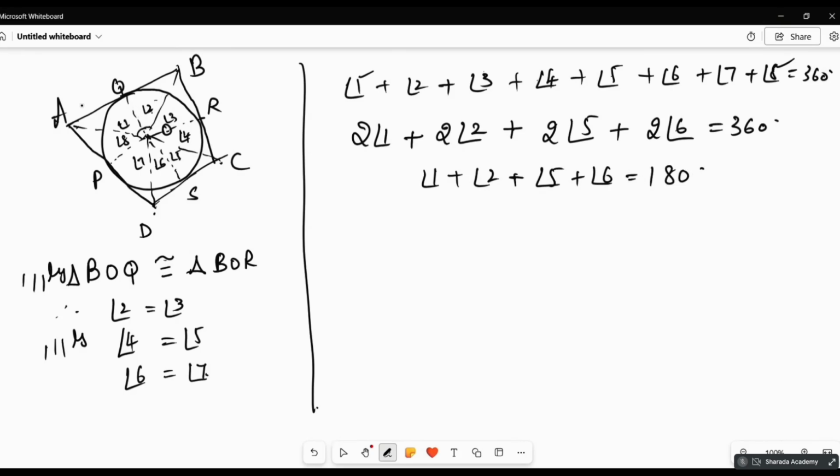Now what is 1 plus 2? AOB. Therefore angle AOB plus 5 plus 6, which is COD, is equal to 180 degrees. So their sum is equal to supplementary.